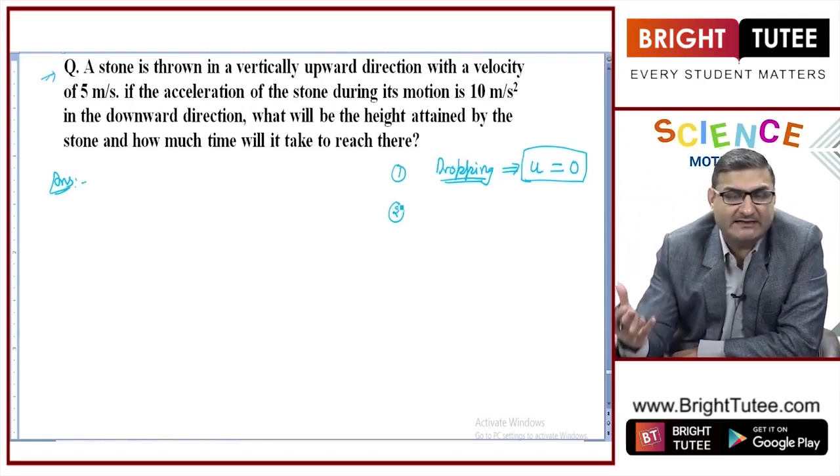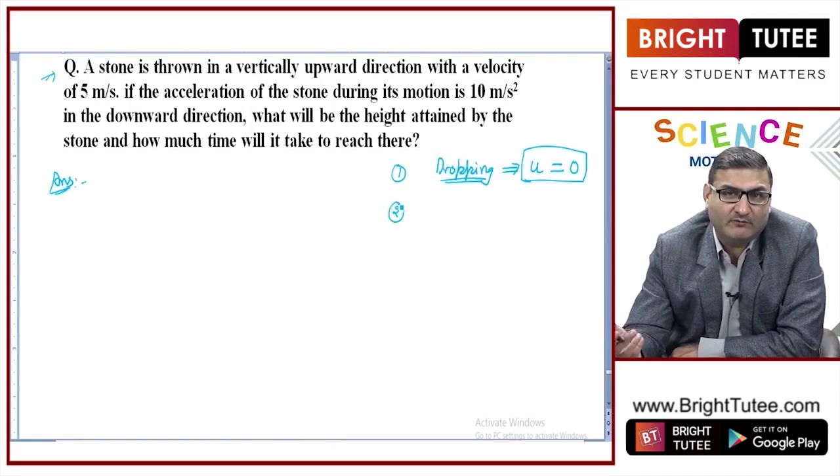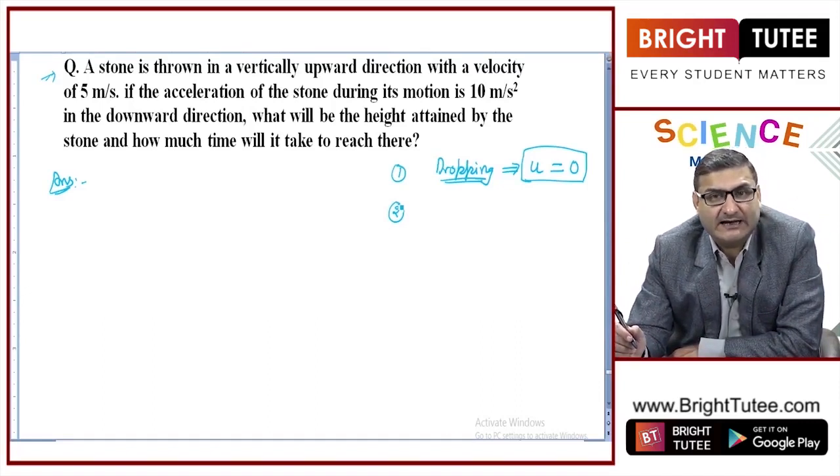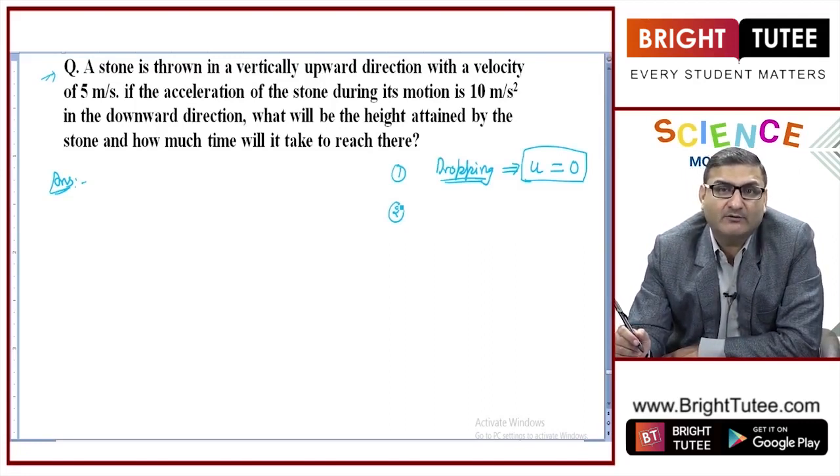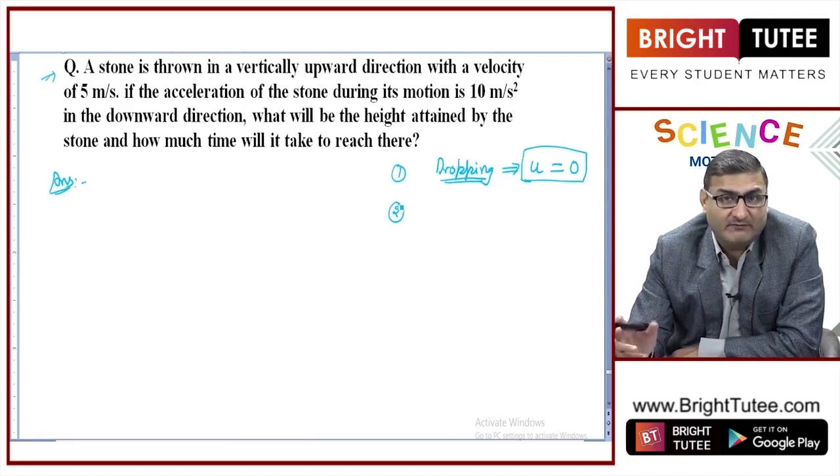Whatever maximum height it can achieve depends upon the force with which we are throwing it upwards, but there will be a time after which this body, after attaining its maximum height, is going to come down because of the force of gravity. We cannot throw an object with our hands which can defy gravity and can directly go into the outer space. We don't have that much of force, right.